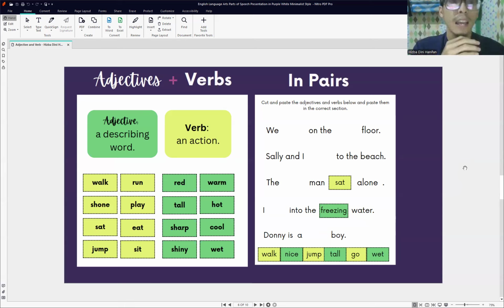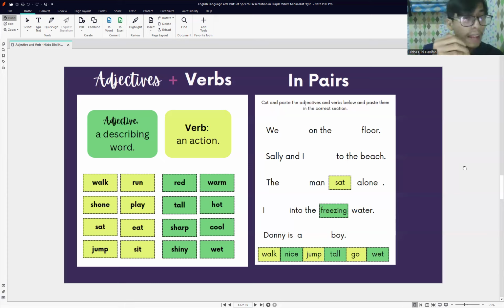Now take a good look at the slide. We have adjectives plus verbs. Take a good look at the background color. It's green and yellow. Yellow for verb and green for adjective. So here we have a list of verbs and a list of adjectives. We have walk, run, shine, play, sat, eat, jump, sit.